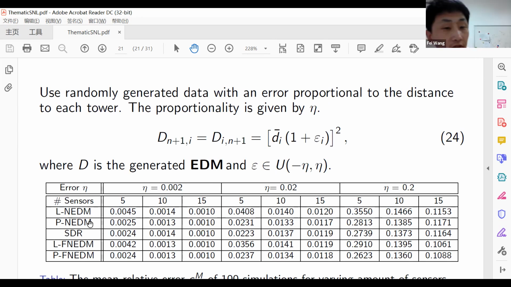This can also be solved by an approach using the semi-smooth Newton method developed by Houduo Qi and other people. We do not discuss how to solve this, but we use other people's code to solve the nearest EDM. And the third model is the facial reduced nearest EDM model.